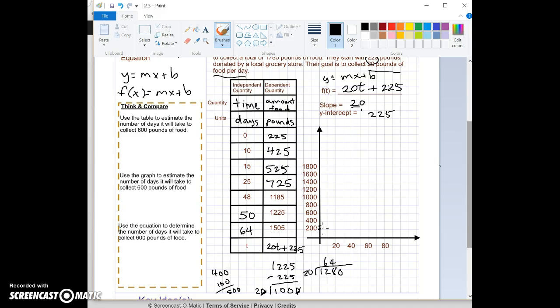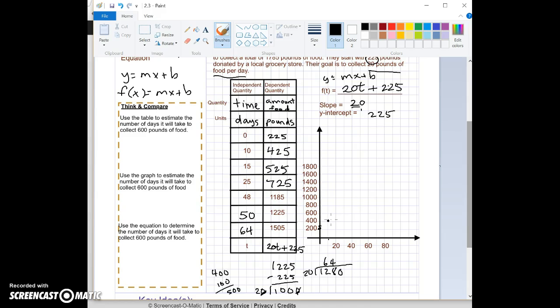So maybe what I'll do instead is just look at my table, because my days and my pounds are very close together. So after 10 days, I have 425. So here's 10 right here, and I go up to 425 right there. All right? I'm going to skip 15.